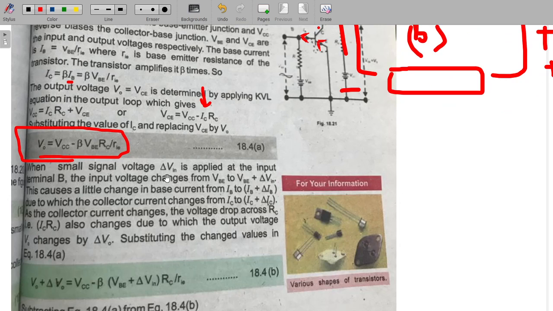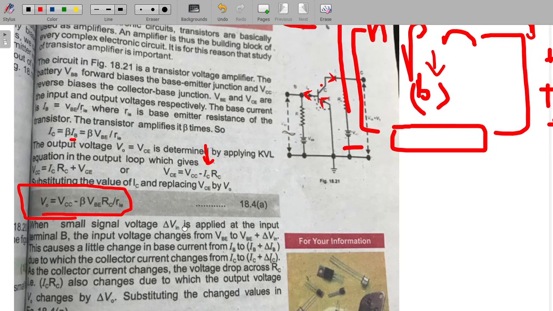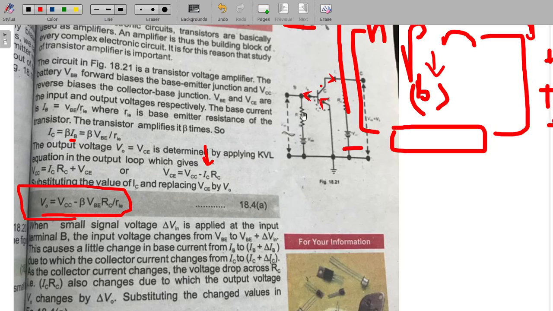We say that we apply a tiny voltage at the input terminal B, this one, and what it does, it just increases everything by a small amount. So input voltage is increased by delta Vin, the base current is increased by the amount delta IB, and the collector current is increased by the amount delta IC. So everything is getting increased, right?